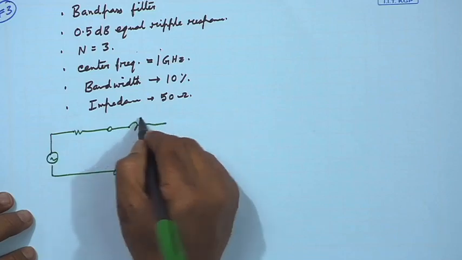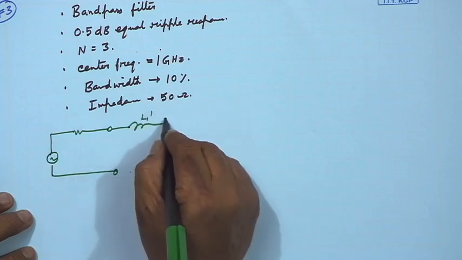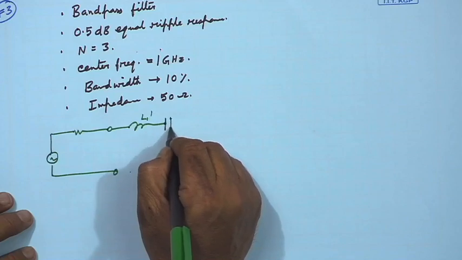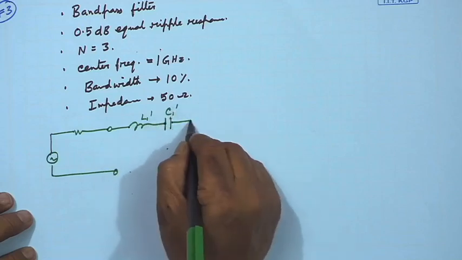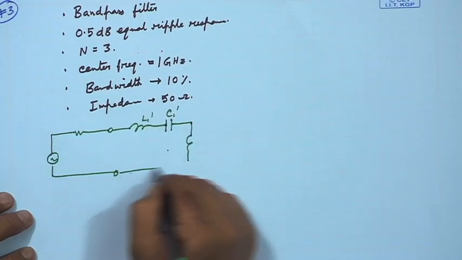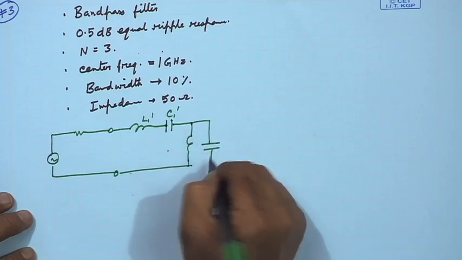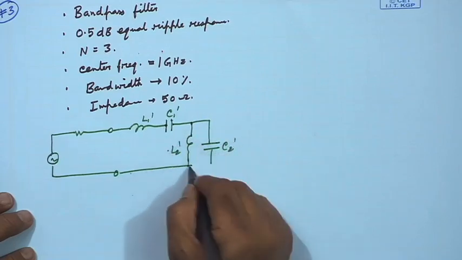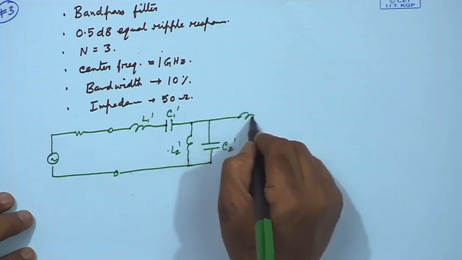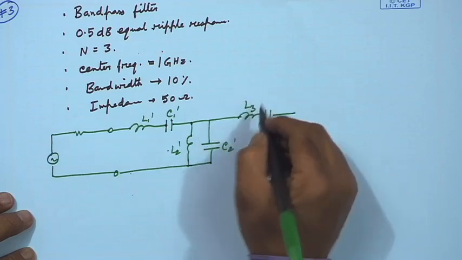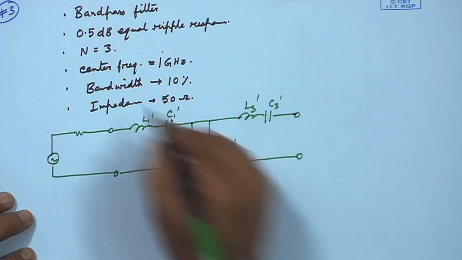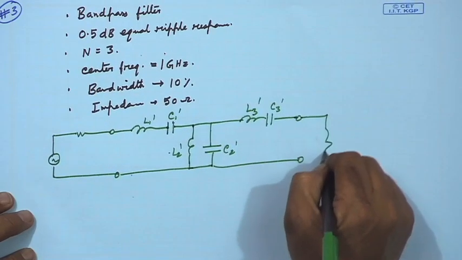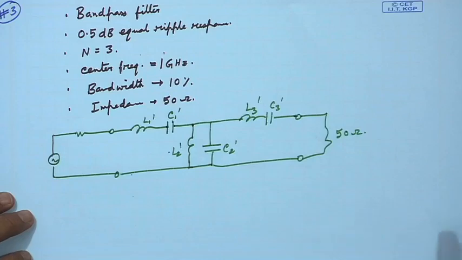First element, if I take L1 dashed, second, because this is band pass, so I know any L1 is basically L1 C1 dashed, then L2 is L2 dashed C2 dashed, then L3 dashed C3 dashed, and with n equal to 3, finally it will be terminated by 50 ohm. Now, where from I get all these L1 C1 values?